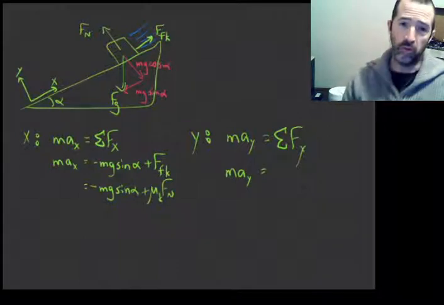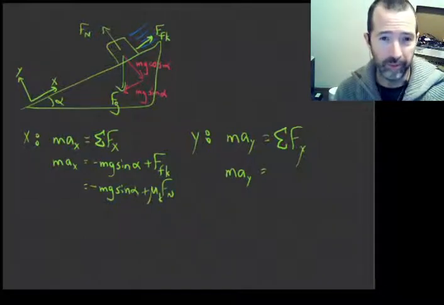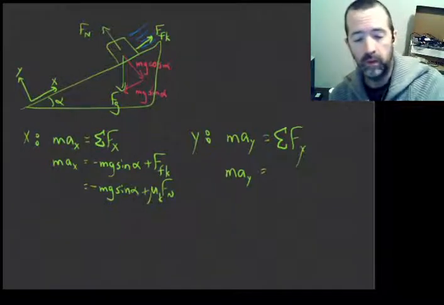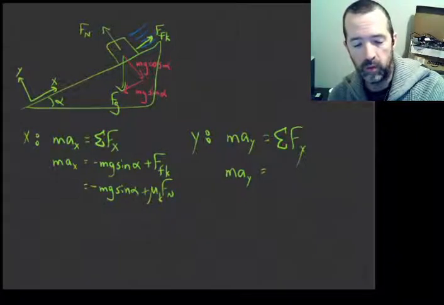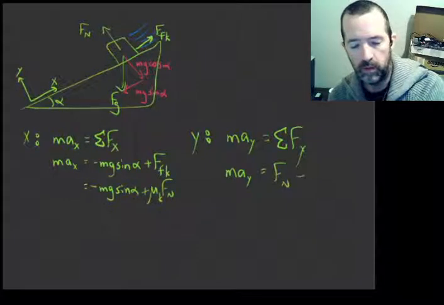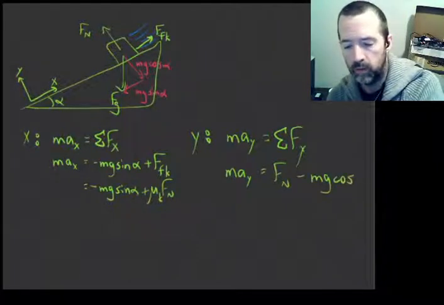On a horizontal surface, it would just be mg. You wouldn't have to throw in a trig function. So the forces side of this equation looks like Fn minus mg cos alpha.